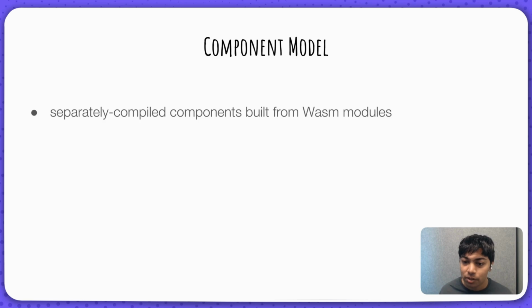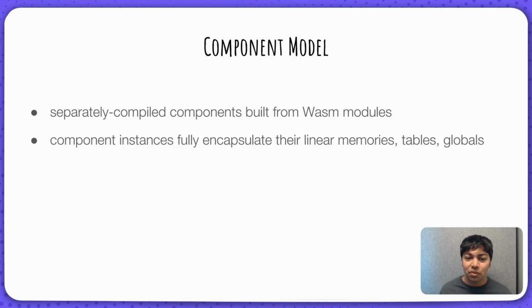So if you see what's happening over here, if we really want to run code in one language and import it in another, run some untrusted code, we need these components to be separately compiled and built from these Wasm modules. Component instances must fully encapsulate the linear memory to truly be able to run untrusted code from one place and just use that code or function in some other place.